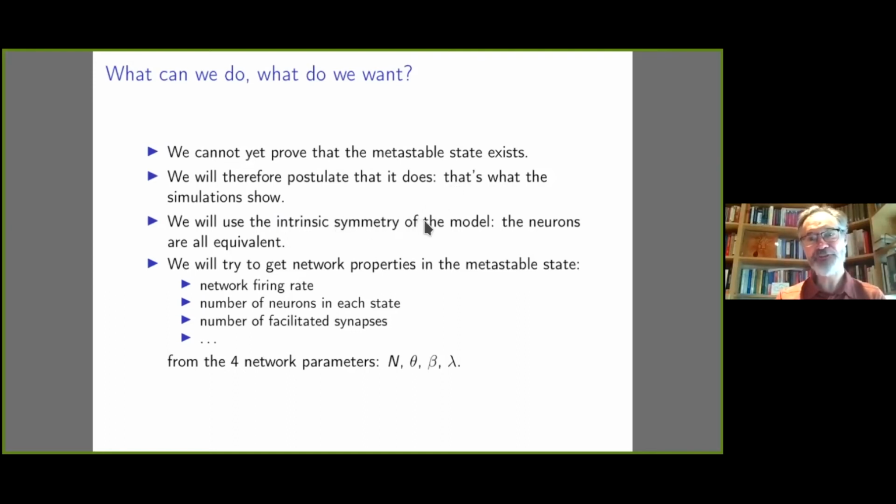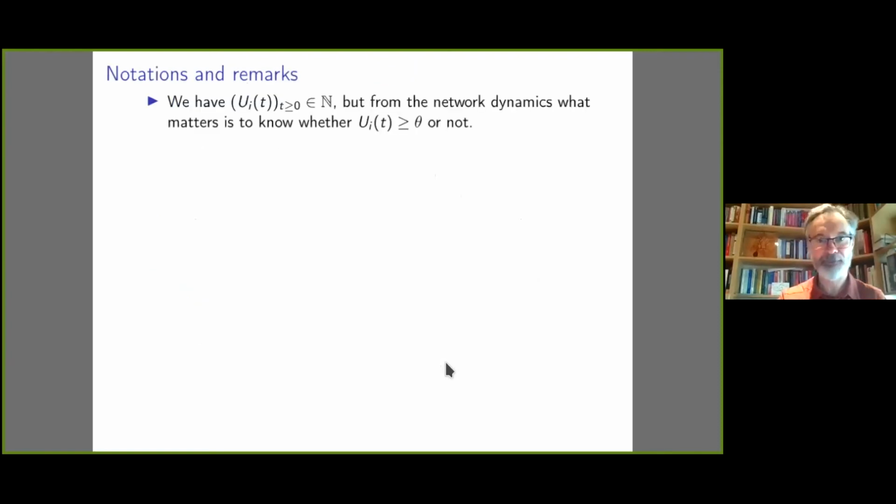We use the intrinsic symmetry of the model, so all the neurons are equivalent, and the goal is to get some network properties in the metastable state, like the network firing rate, the number of neurons in each state, and so on, depending on the 4 parameters, which are in fact 3, because what counts is the ratio lambda over beta. So how do we do? We have our membrane potentials for each neuron that live in N, but in fact, everything that matters is U below theta or not.